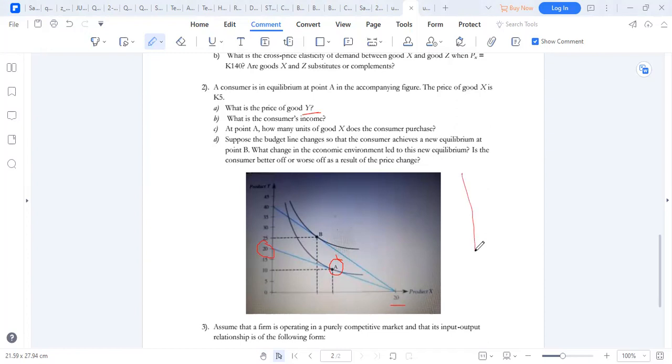If this is 20 and this is 20, then at equilibrium point A, this figure here is 10.